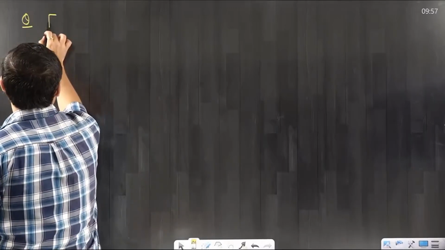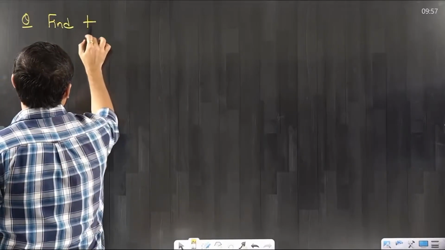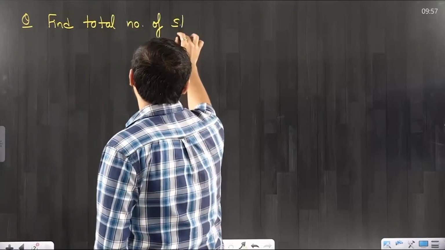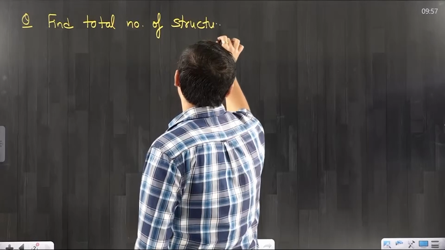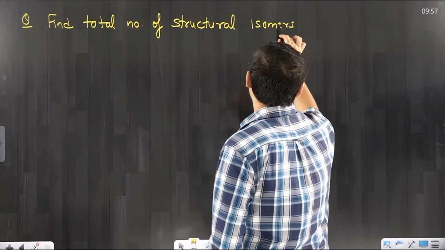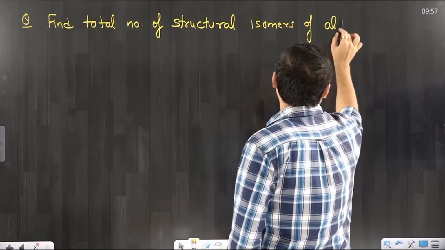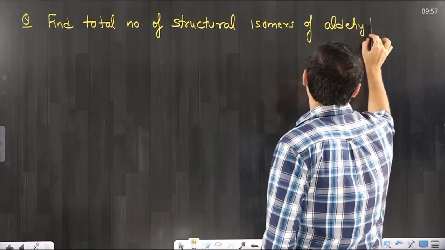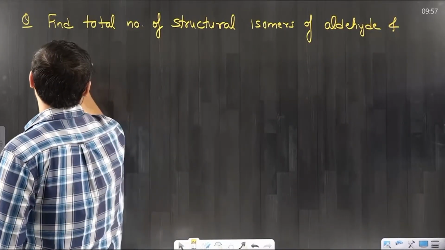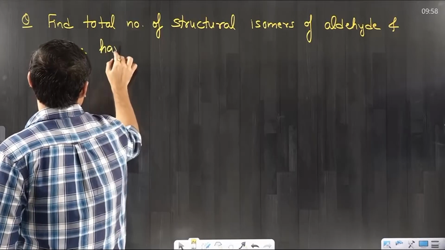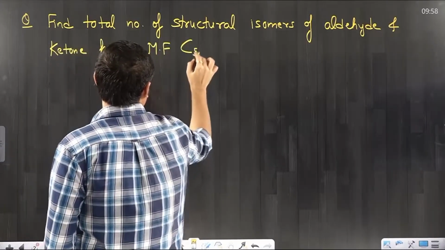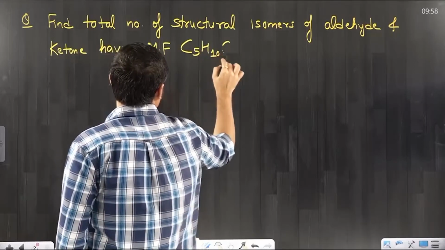The question is: find the total number of structural isomers of aldehyde and ketone having molecular formula C5H10O.